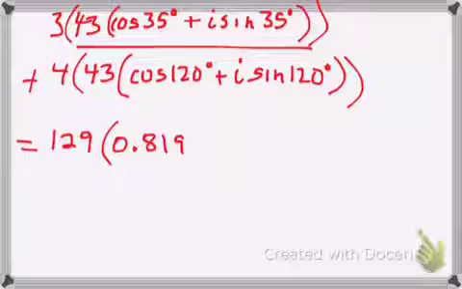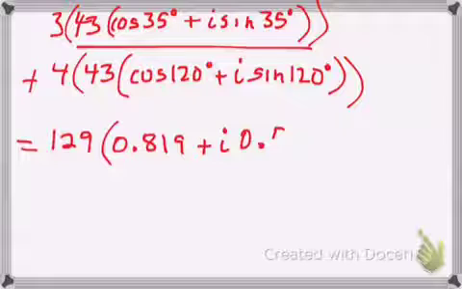And then the next one would be i times the sine of 35 degrees, which is 0.574.